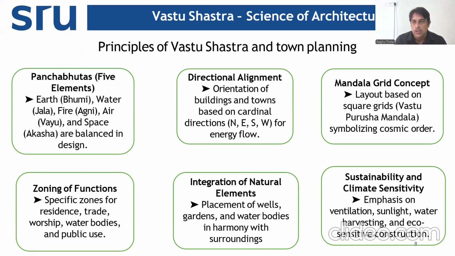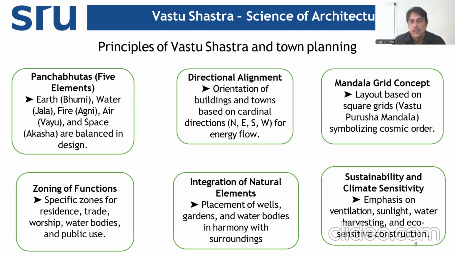That is one of the important principles of Vastu Shastra. And the second one, directional alignments. They were very particular about north, east, south, west. When constructing houses, the facing of houses, everything, they were very particular. What is the direction of the kitchen? What is the direction of the entry window? Everything, they were very particular at the time.